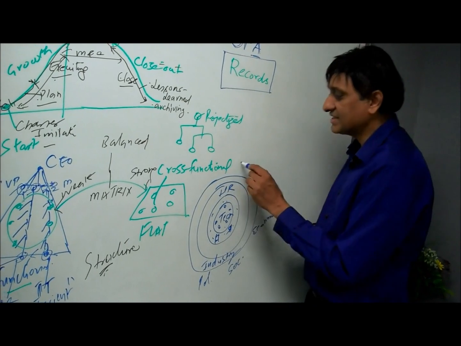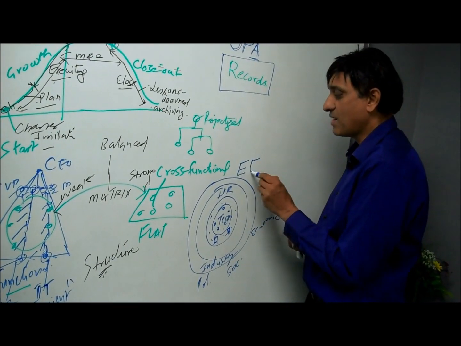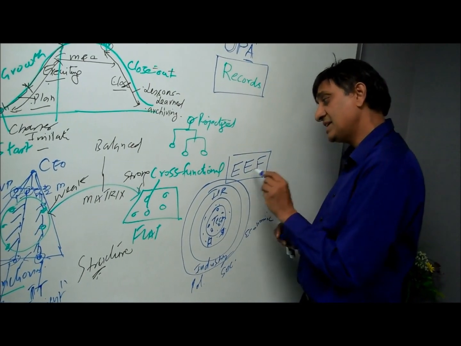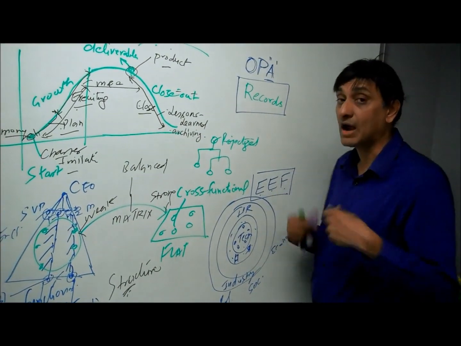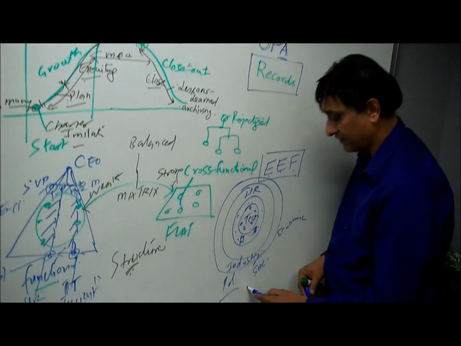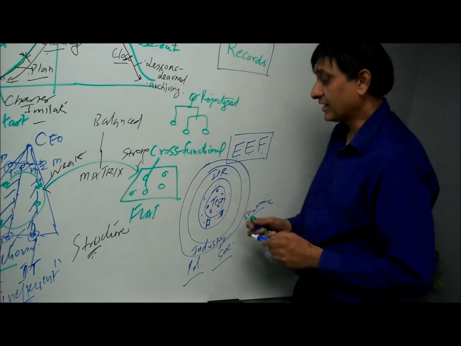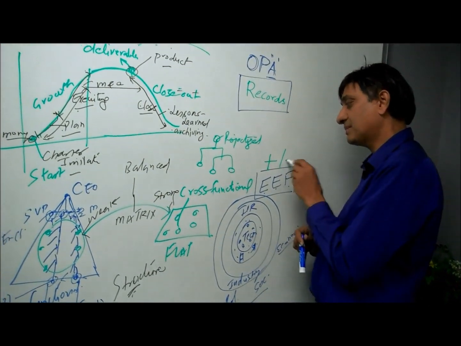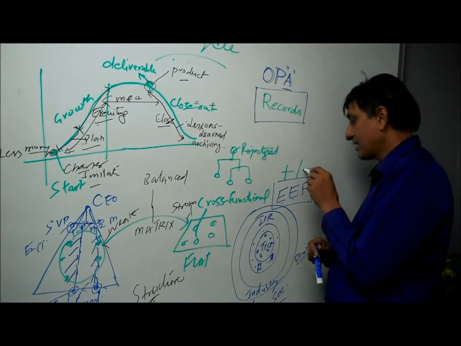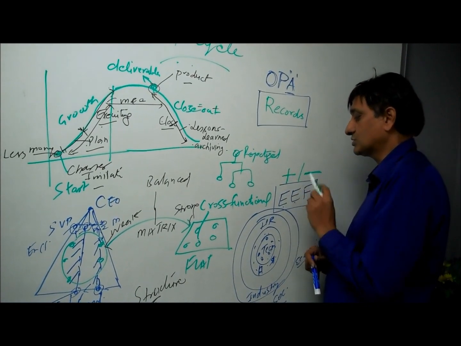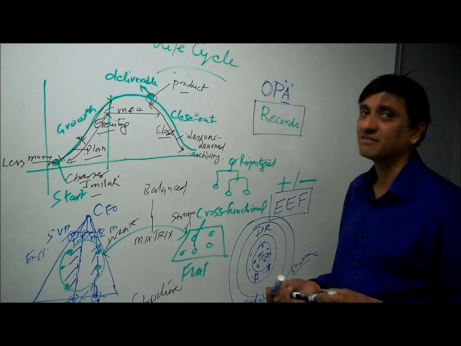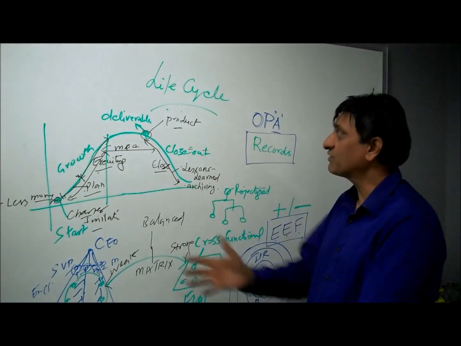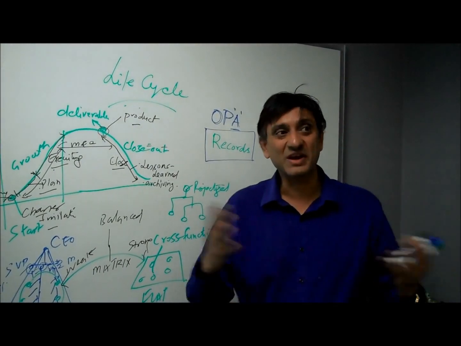So this we call enterprise environmental factors. Factors in the environment of an enterprise, or even outside of the enterprise at a political level, social level, economic level, that sometimes help us on projects, sometimes deter us from achieving our goals. So these are called enterprise environmental factors. So that is a high-level view of taking care of the life cycle of a project when you're trying to manage a project.